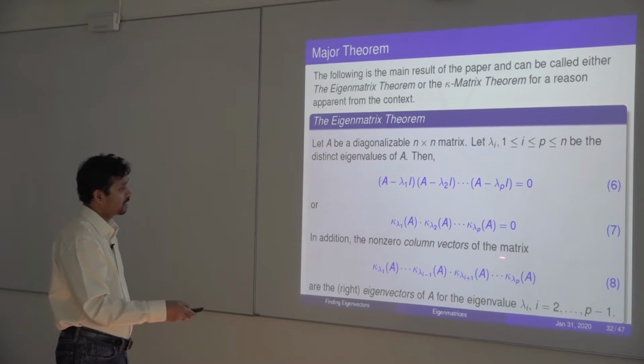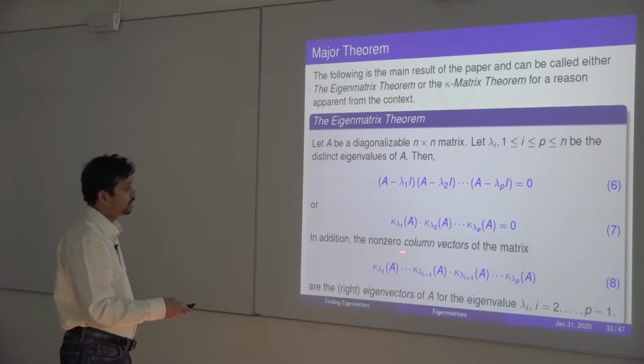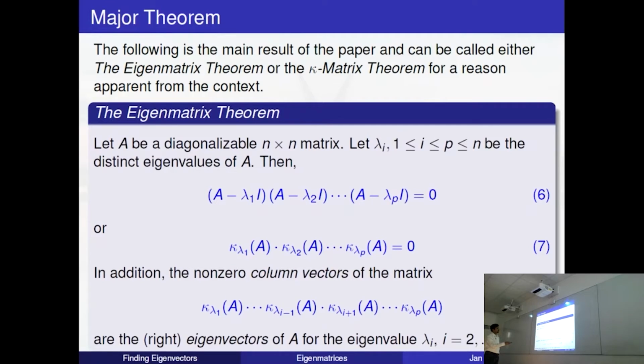Now you can see that the non-zero columns of this matrix are the eigenvectors for lambda I. Because these products are commutative, you can bring it in front and multiply everything else. It does not really matter what order you multiply in, because these are commutative, and any non-zero column of that is an eigenvector for lambda I. So it works very well, and it's not that difficult to prove.